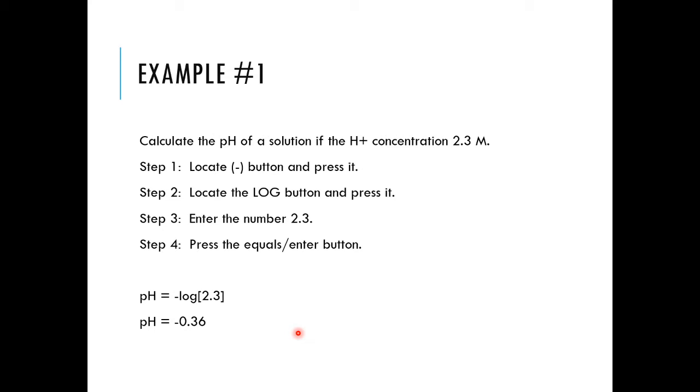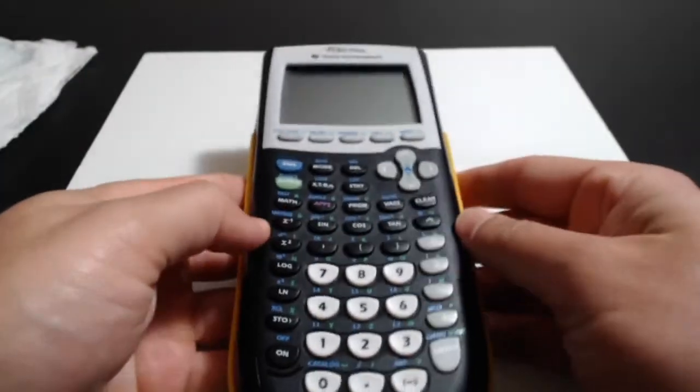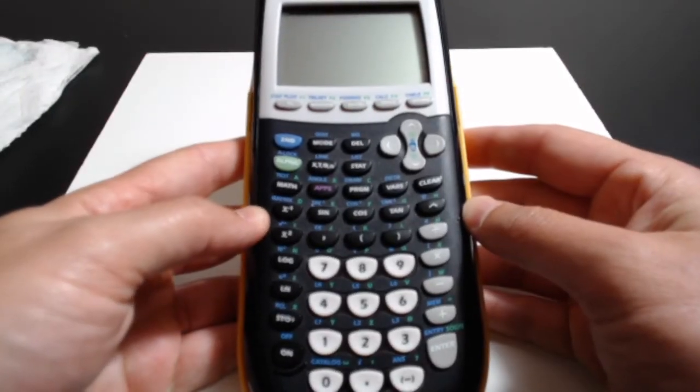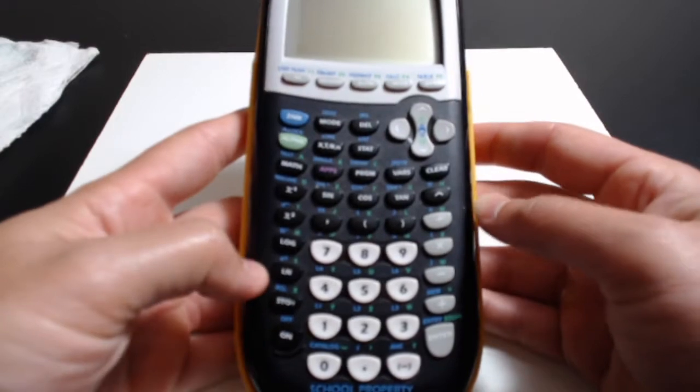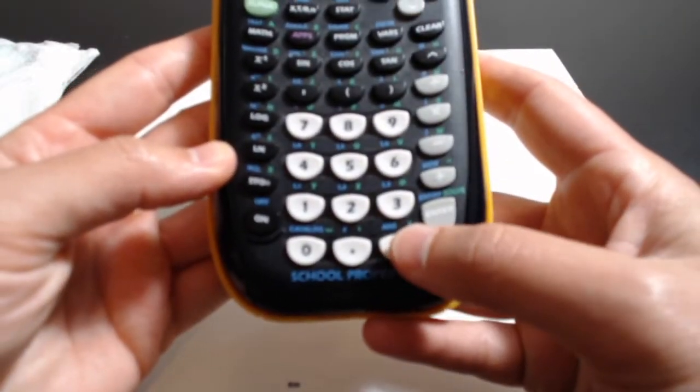So let's switch over to my live cam here, and let's go through that button sequencing together. Alright, so my angle's not great, but I think I'll be able to get it. So first things first, I'm going to come down here, hit the negative button.